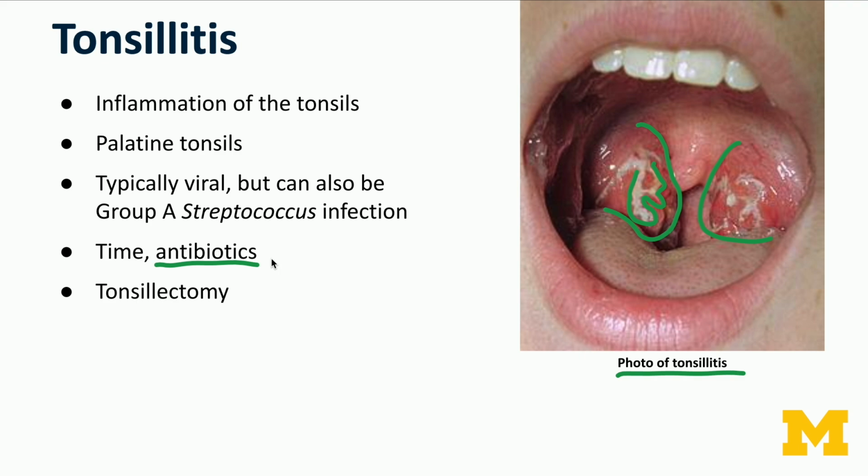Someone who suffers from frequent tonsillitis, whereby it's obstructive to their airway, may seek the remedy of a tonsillectomy. Tonsillectomy is the removal and the cauterization of this tonsillar tissue so as to prevent recurrence.